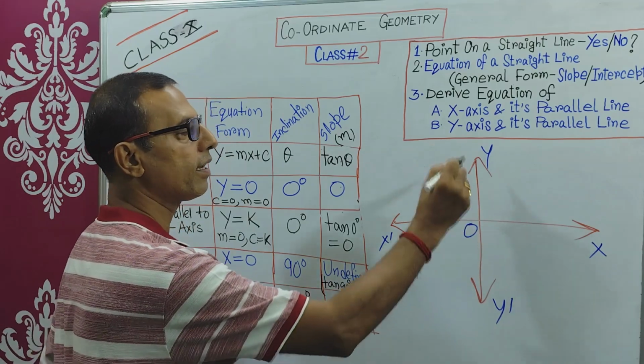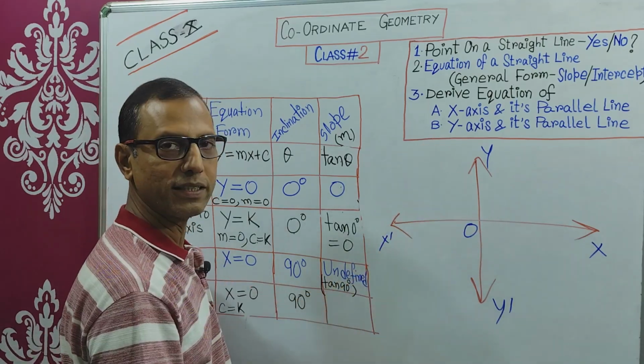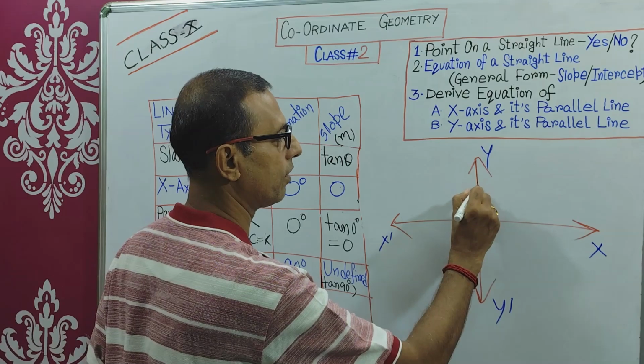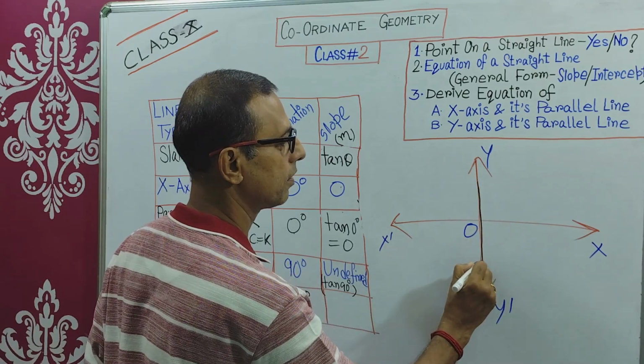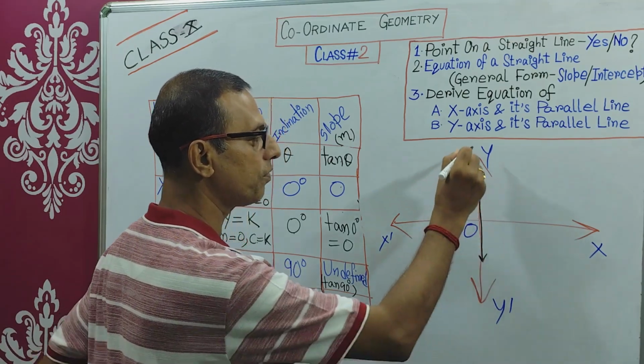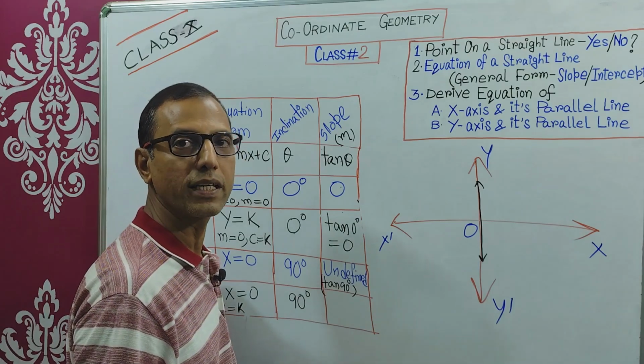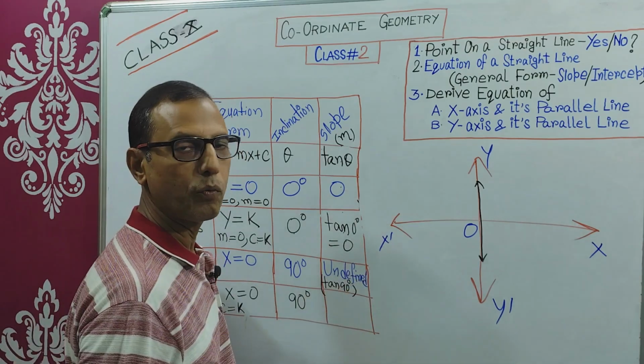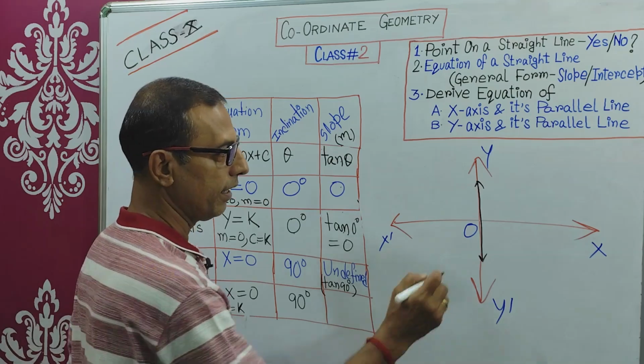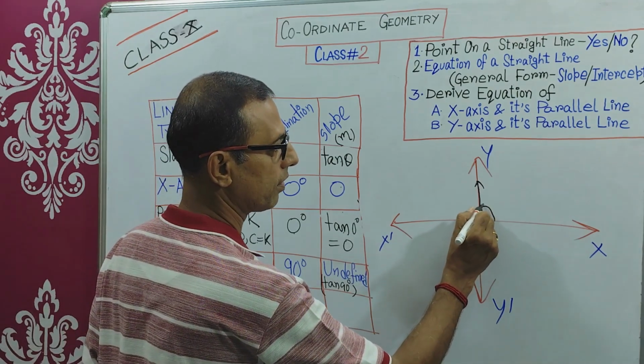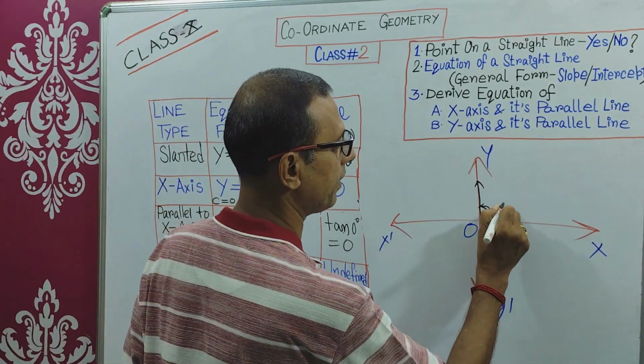If the line is lying on the y-axis, that is, it is the y-axis itself, then the angle with the x-axis in the positive direction is 90 degrees.